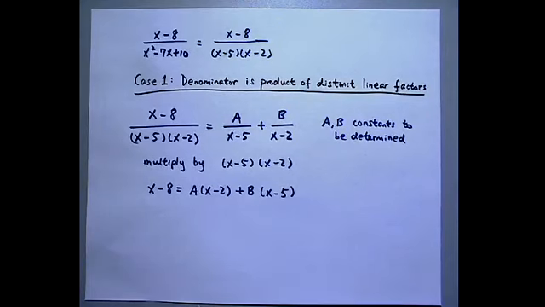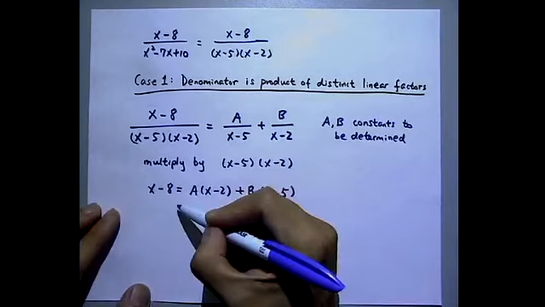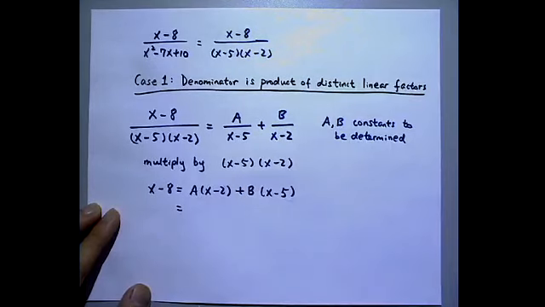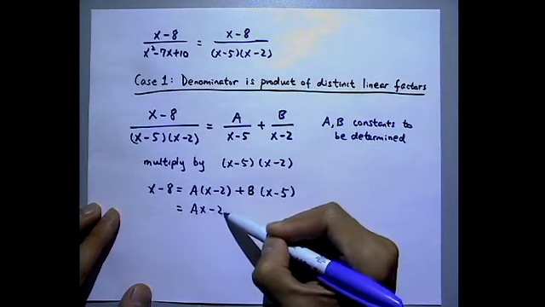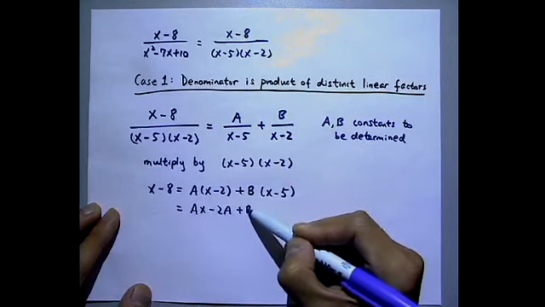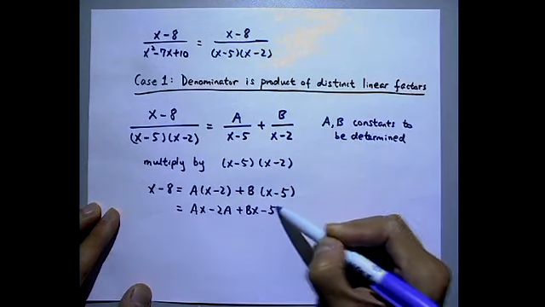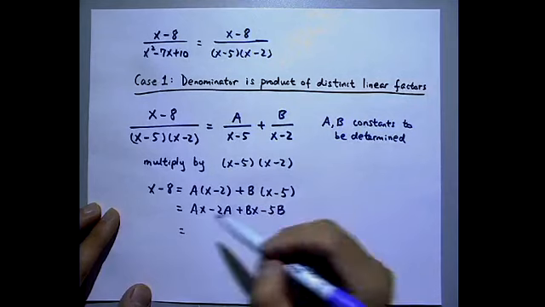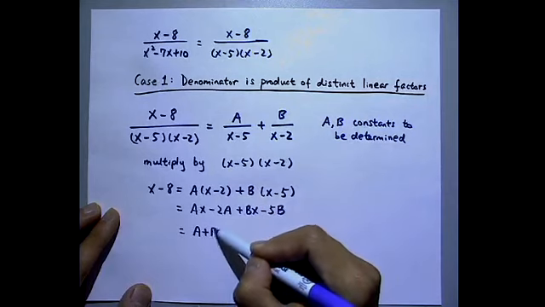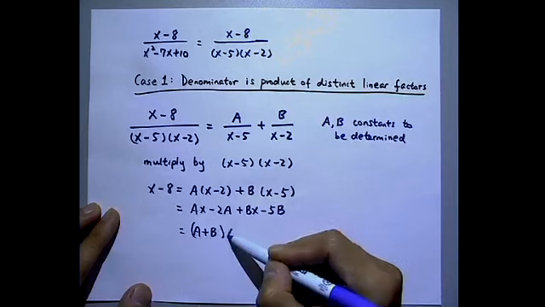Now we figure out A and B. Whatever's on the left must be equal to whatever's on the right. That's what the equal sign says. So multiply this out. We get Ax minus 2A plus Bx minus 5B, and then we get A plus B quantity times x.